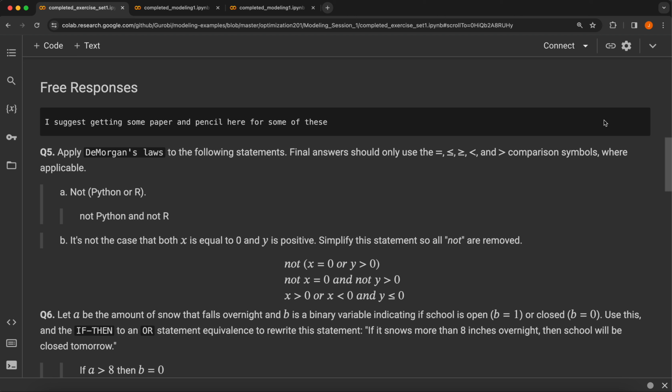Part A of question 5 is: not (Python or R). Again, De Morgan's law essentially distributes the not within the parentheses and flips every or to an and and every and to an or. So not (Python or R) is changed to not Python and not R.